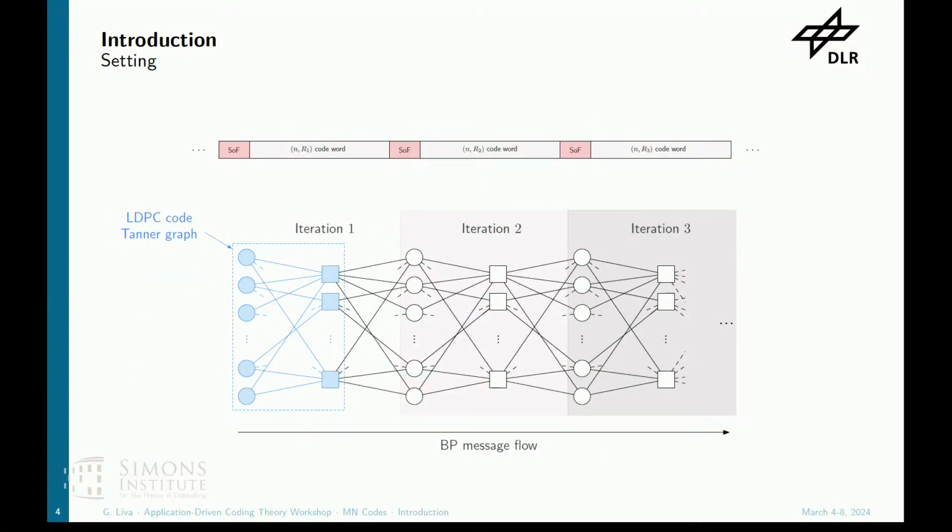So before moving on, I would just like to highlight in a picture what we are looking for. We are looking for a coding scheme that allows to multiplex code words in a stream with a periodic start of frame sync marker, which means that the block length of the code is going to be a constant, n, and possibly we are going to have different rates protecting the different parts of the stream.